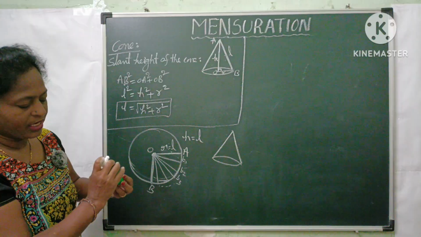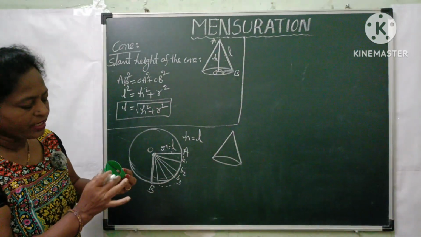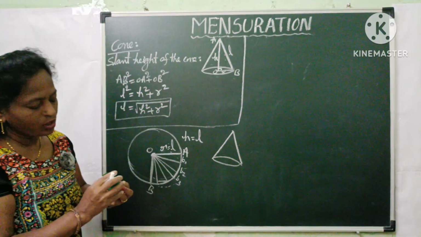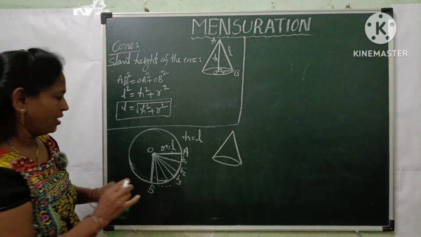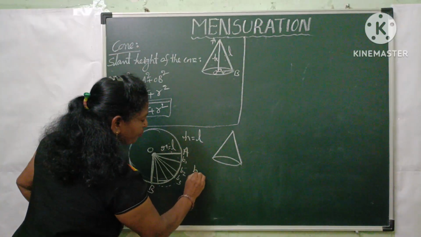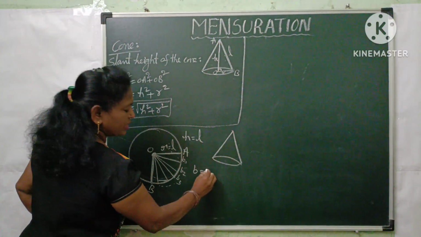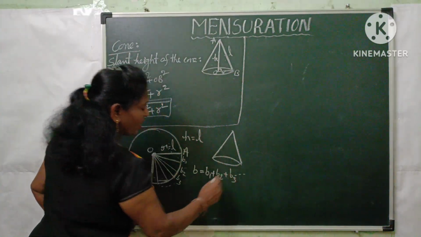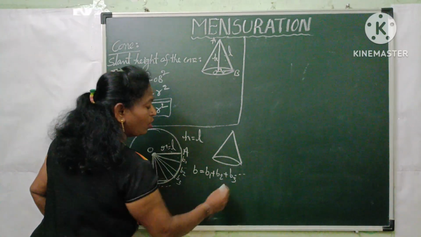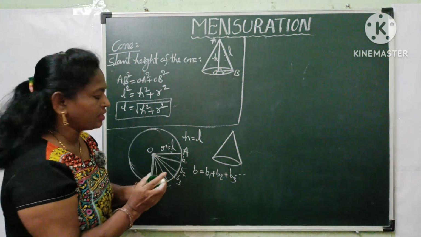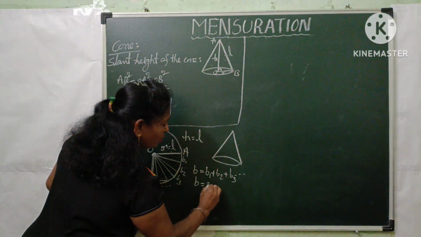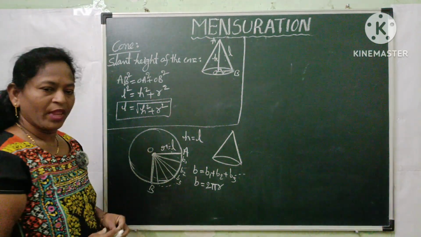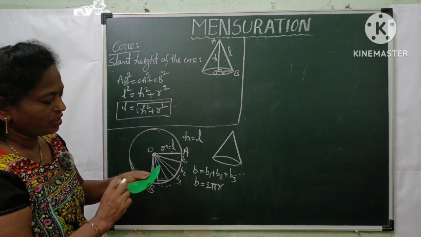All the bases of the triangles together equal the circumference of the circle. So B equals B1 plus B2 plus B3 and so on, which equals the circumference of the circle, so B equals 2 pi r. The circumference of the circle is 2 pi r. Simply you have to understand this if you hold the cone.